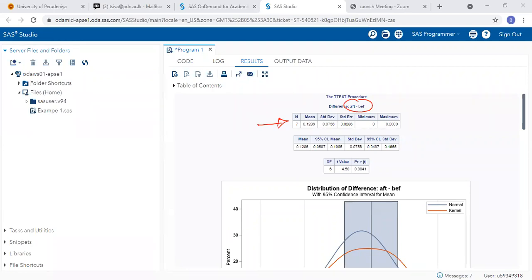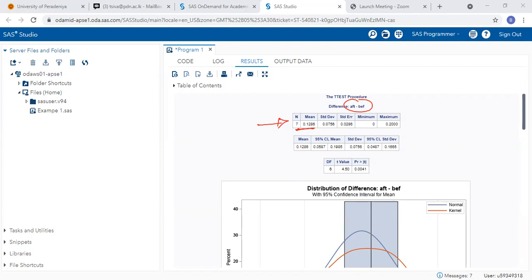If you want, we can give before minus after or after minus before, in whichever way. Earlier you could have observed this was only a minus value. Now it is a plus value. That is the only difference, but the rest of the things are the same. So whether it is before minus after or after minus before doesn't matter.